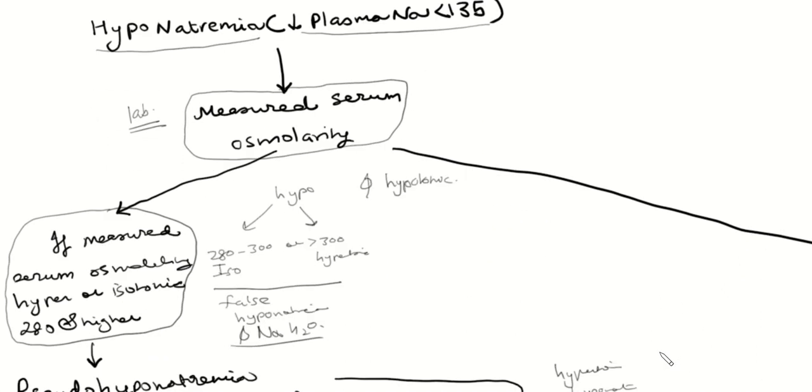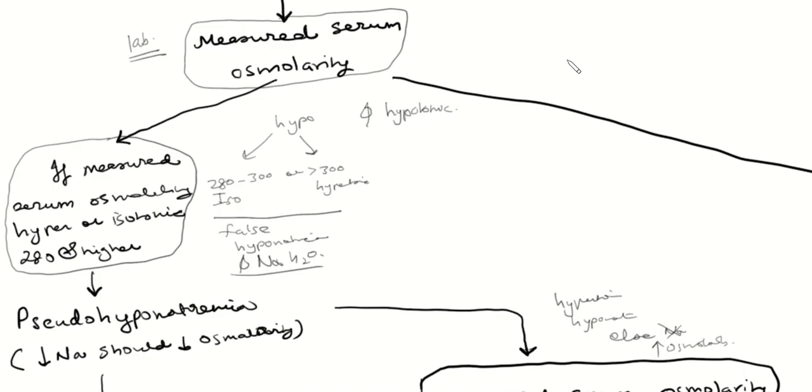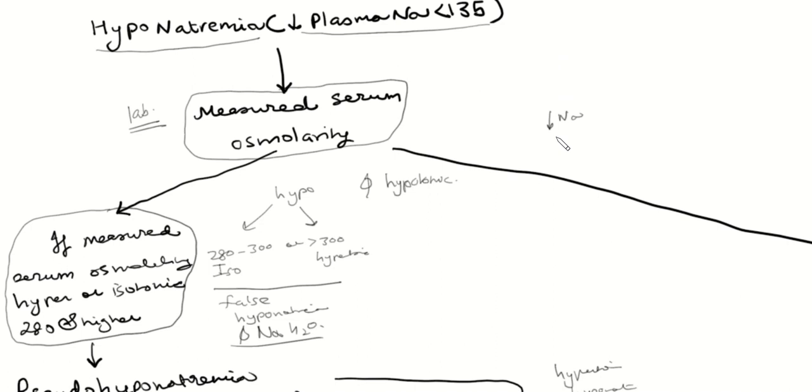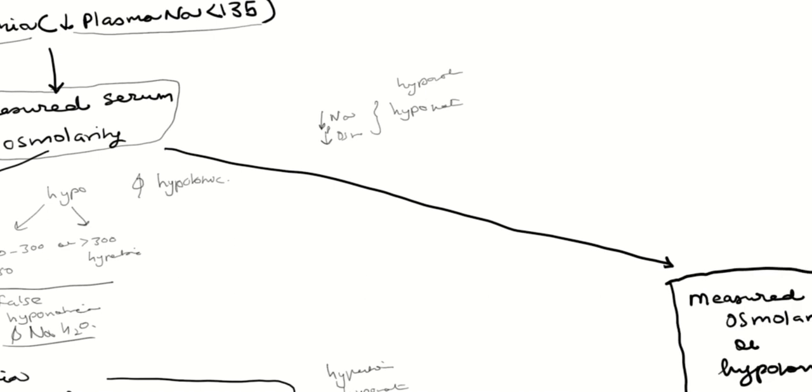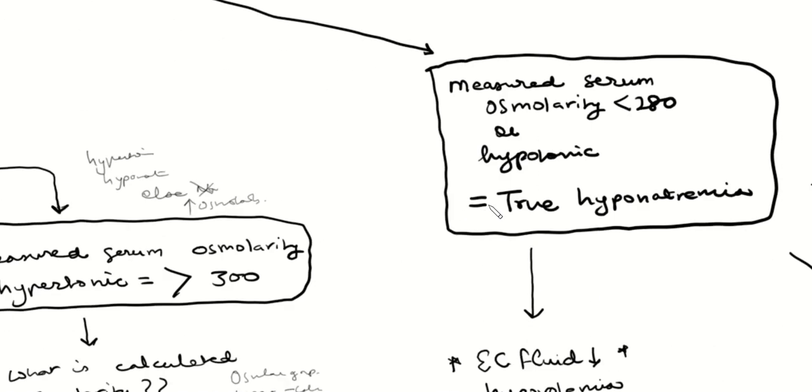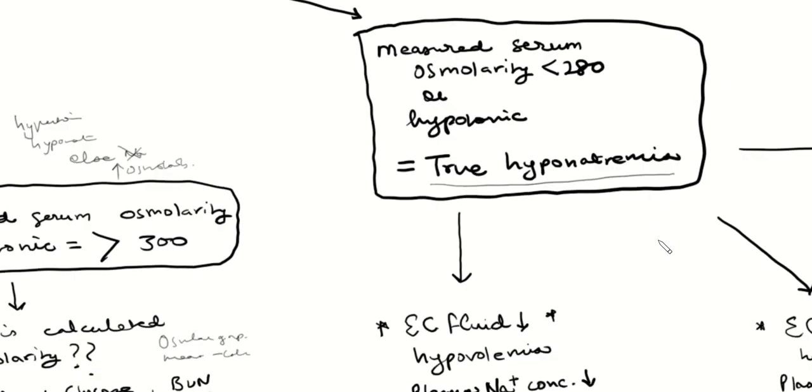Now, what if you have low sodium and your measured osmolarity is low? This is hyponatremia which is hypotonic. That's actually true blue, real hyponatremia. Okay? So remember, what were our principles? What were the variables we were going to consider?